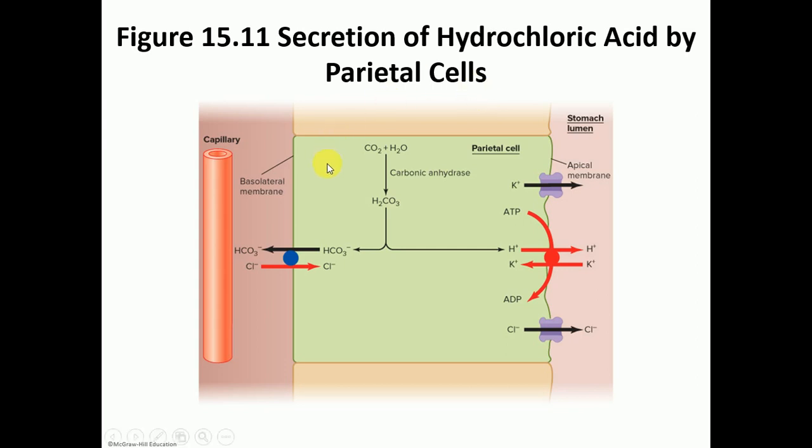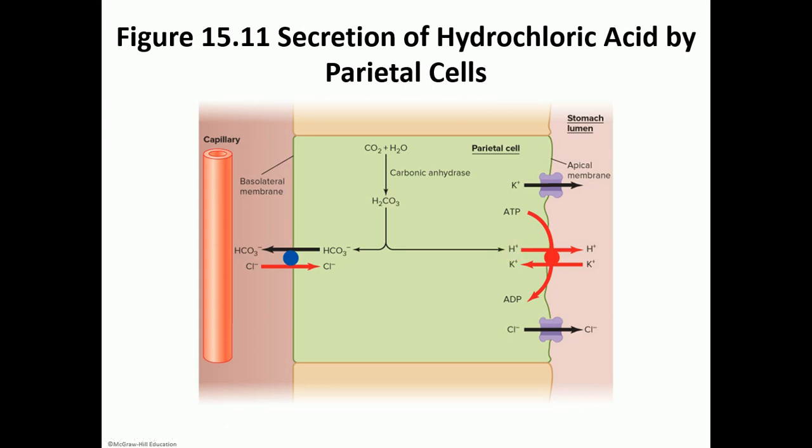So be very comfortable with this reaction where carbon dioxide binds with water through carbonic anhydrase in order to make carbonic acid. Now, carbonic acid is an unstable acid. It will break down into two components, which are hydrogen and bicarbonate.